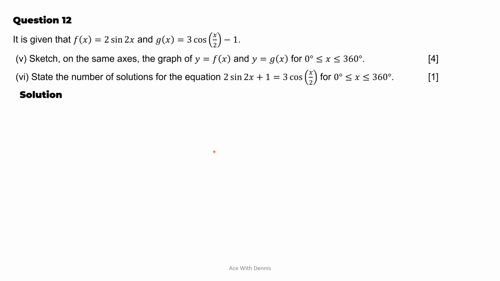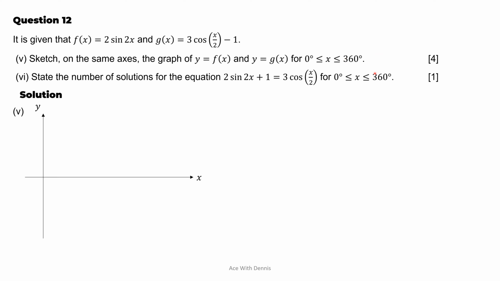Alright, here's the solution. This is the trigonometric graph sketching question. So we have to sketch these two equations into one single graph. I would prefer to start to draw the second graph first, the g(x). Firstly, we start with the x and the y axis.